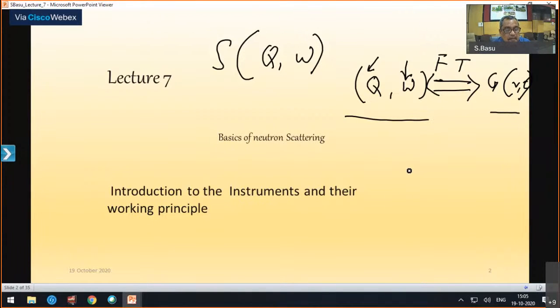Typical frequencies are in the range between 50 hertz to even as low as a few hertz. And then there we use an alternative form of spectroscopy known as time of flight techniques. So that will come later if time permits. But today I will discuss with you the instruments and their working principles.